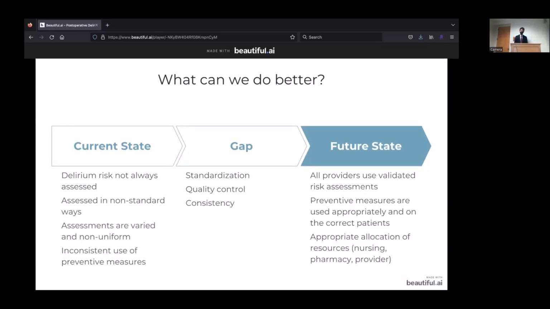Our ideal future state would be that all providers use validated risk assessments to assess delirium risk, and the result of that would be our preventive measures would be used appropriately on the correct patients. Because, as you can guess, this order set is fairly time intensive for the nursing staff, pharmacy staff, and other people who are caring for the patients.